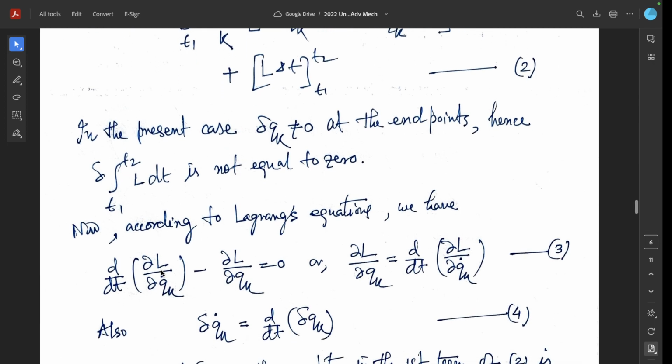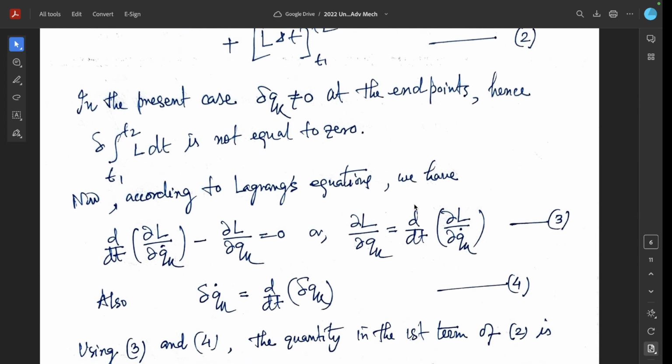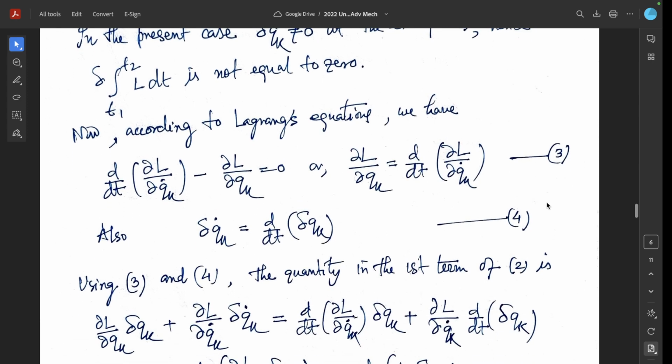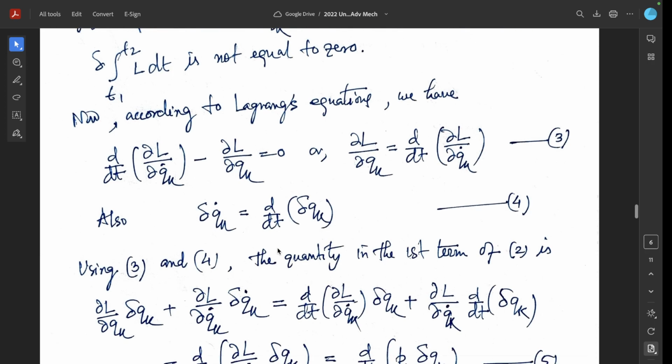And now, according to Lagrange's equations, we have d/dt of ∂L/∂q̇_k minus ∂L/∂q_k equal to 0, which is equation 3. Also δq̇_k equals d/dt of δq_k, since q̇_k is d/dt of q_k, so we can interchange δ and d/dt.